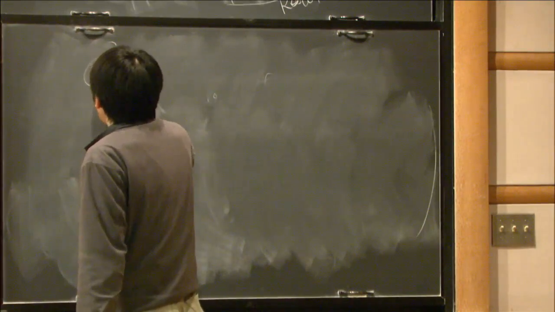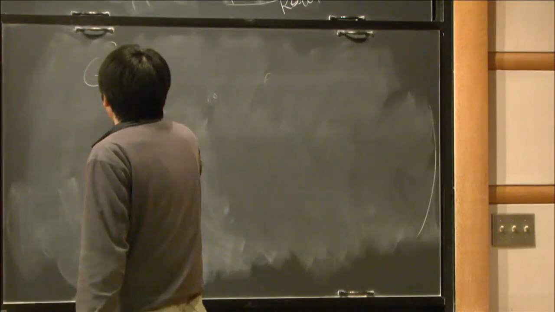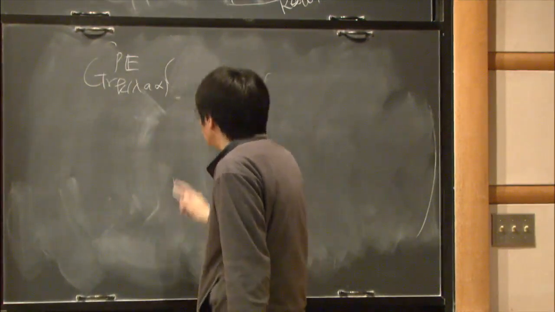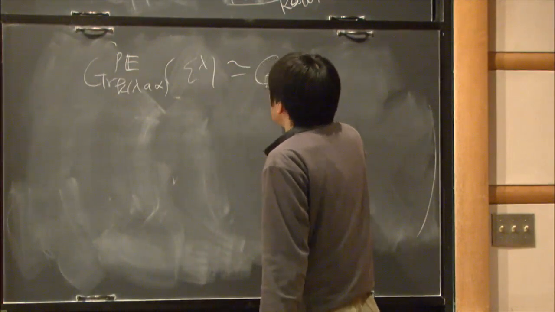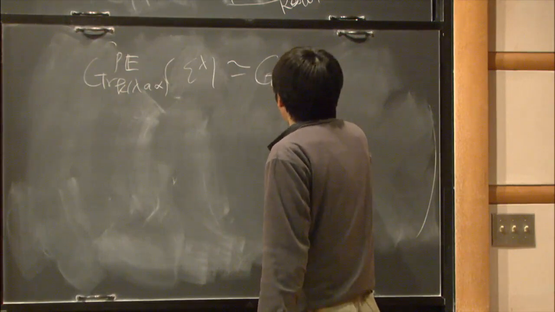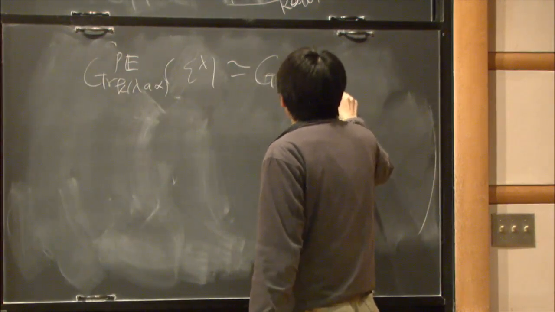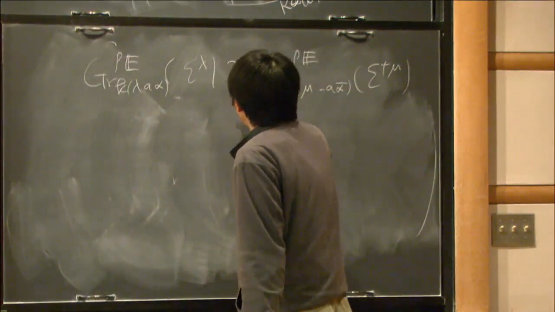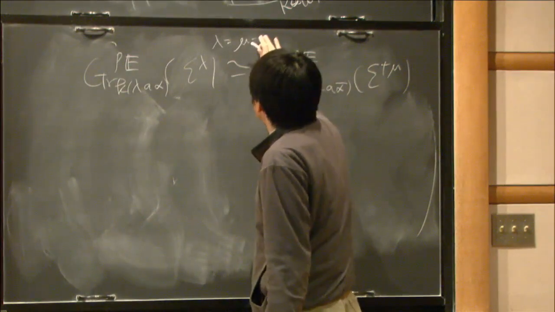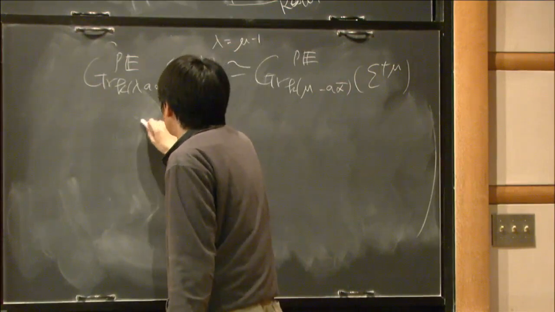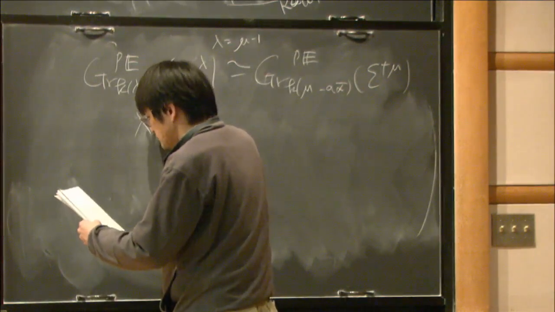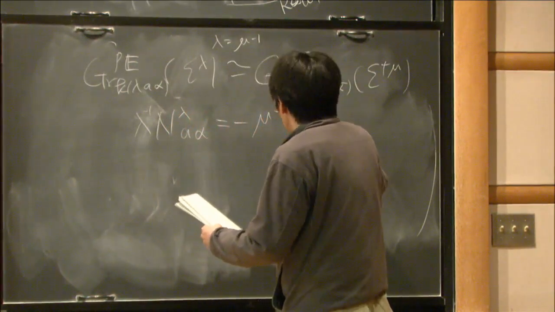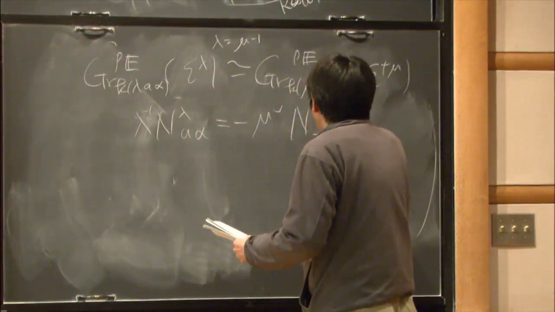So we have a natural isomorphism of group P K lambda A alpha E lambda and group P E K mu minus A alpha bar E dagger mu for lambda equal mu inverse, and lambda inverse N lambda A alpha equals minus mu inverse N mu minus A alpha bar.